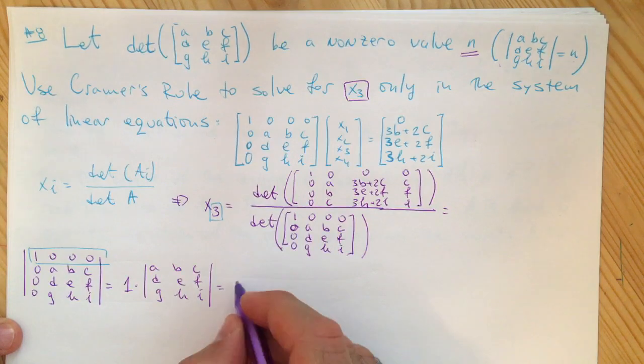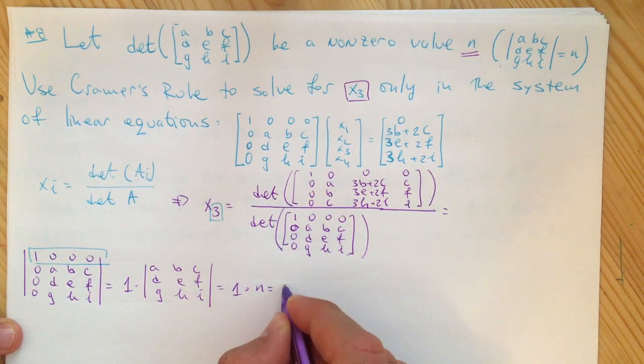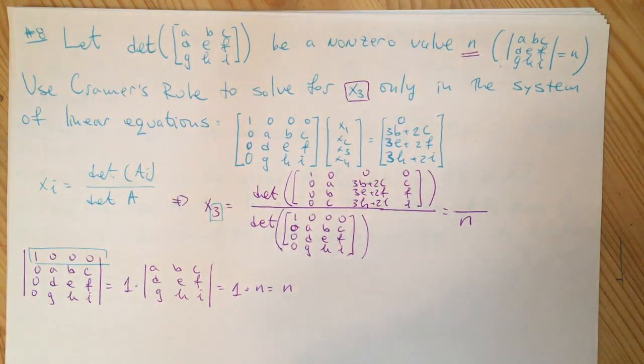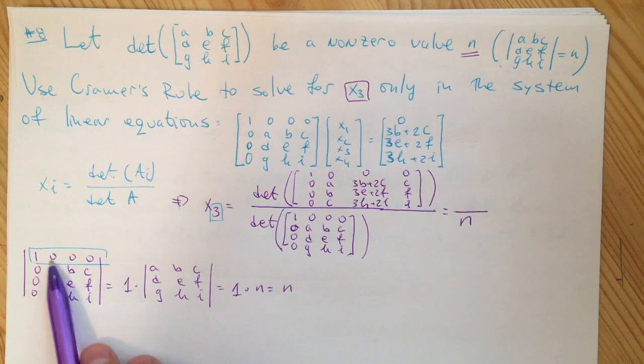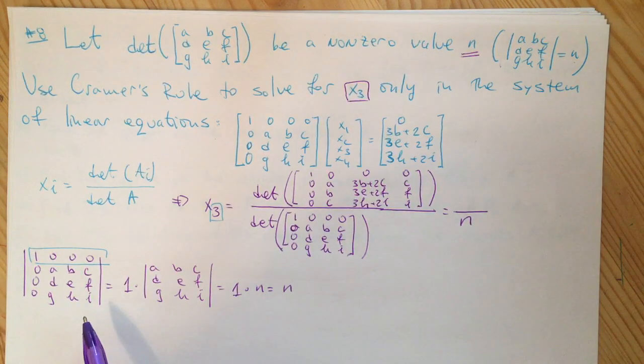That's equal to n. So 1 times n, that's equal to n. So in the denominator, I just have n here, right? By the way, I didn't continue with the cofactor expansion because all the other terms in this row were 0. So this is 0 times any submatrix, and the determinant of the submatrix will be 0.